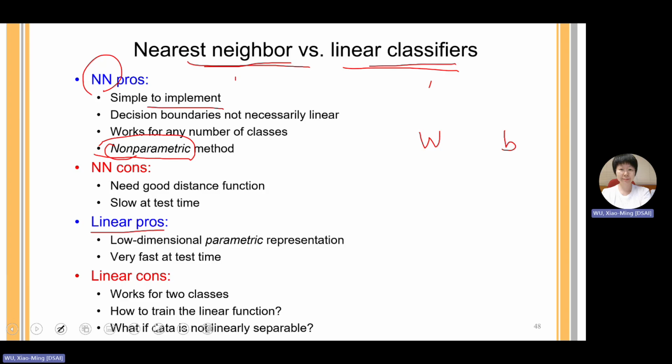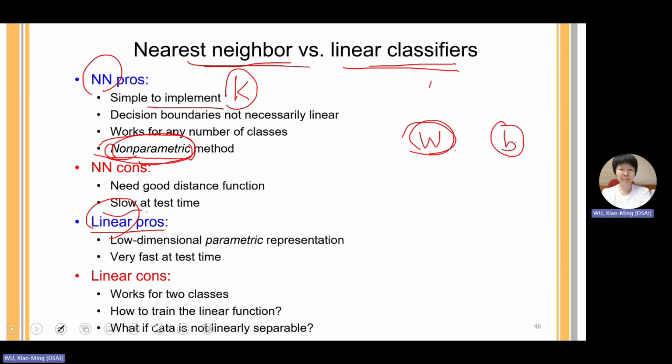Instead, it has a hyperparameter K. This is a hyperparameter, but the model itself doesn't contain any parameters. Unlike the linear classifier, which contains W and B that need to be trained.